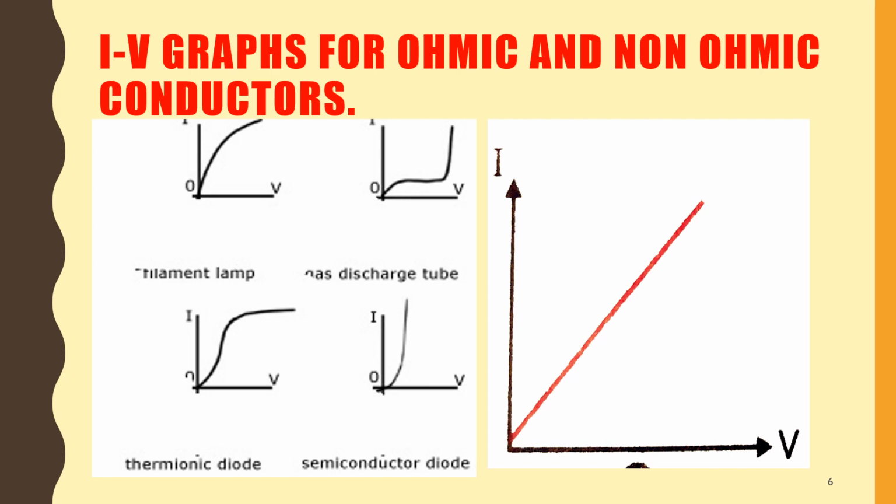The explanation of those graphs is beyond the scope of your study, so I will not go into the detail of explaining why current against voltage graph for each of those non-ohmic conductors looks like that.